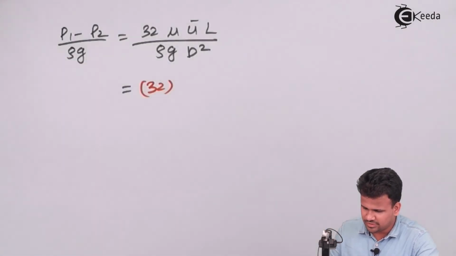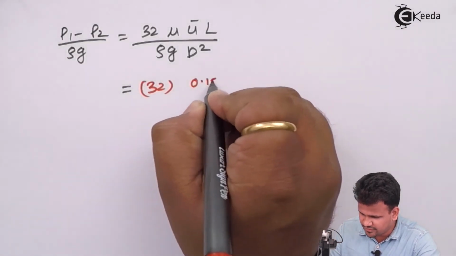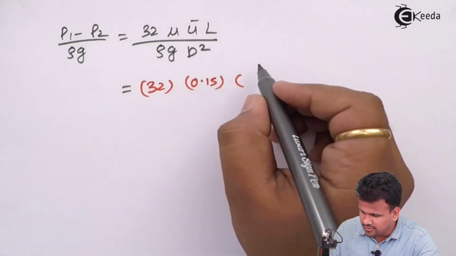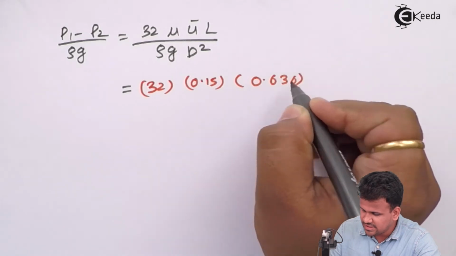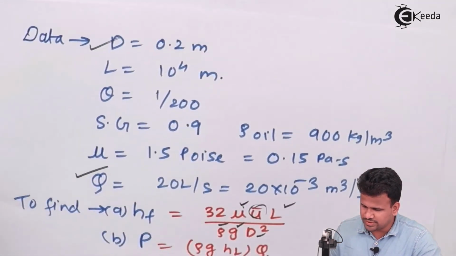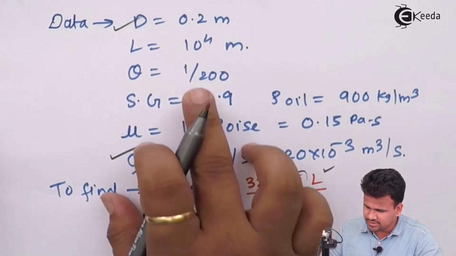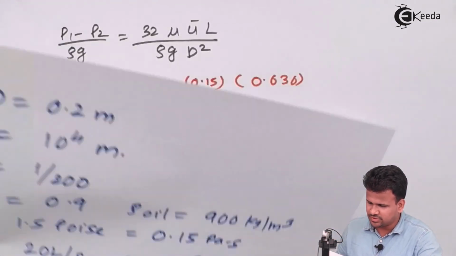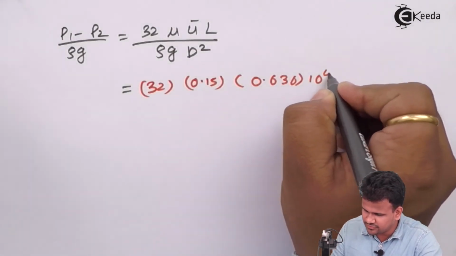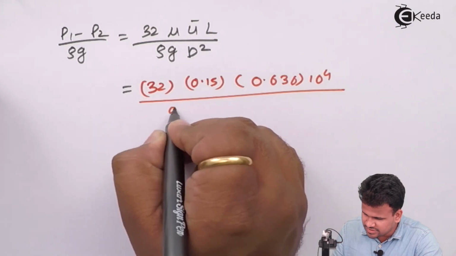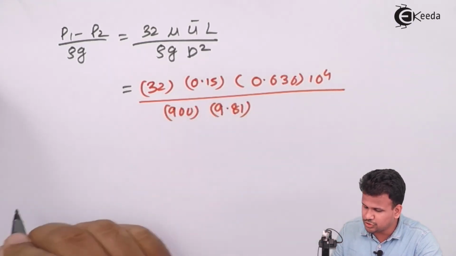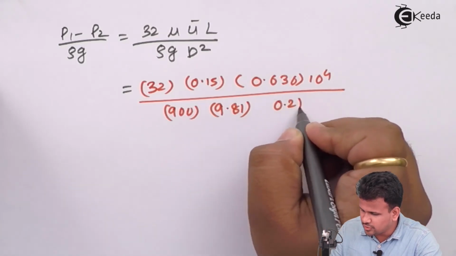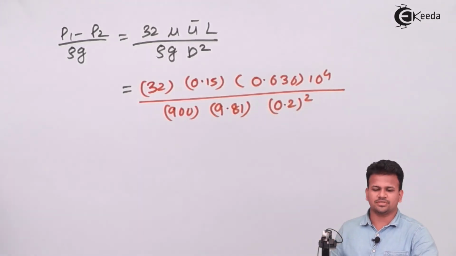U bar we have calculated as 0.636. The length is 10 raised to 4, upon rho, which is 900, into 9.81 acceleration due to gravity, into 0.2 squared, that is diameter squared.